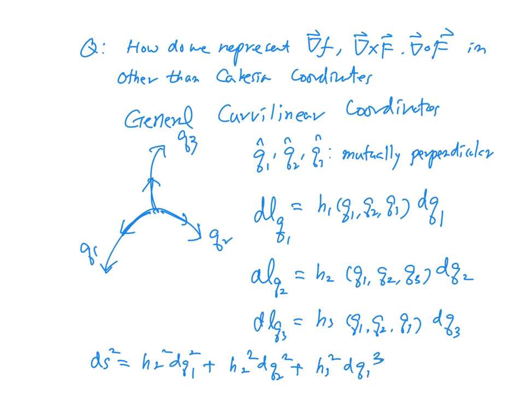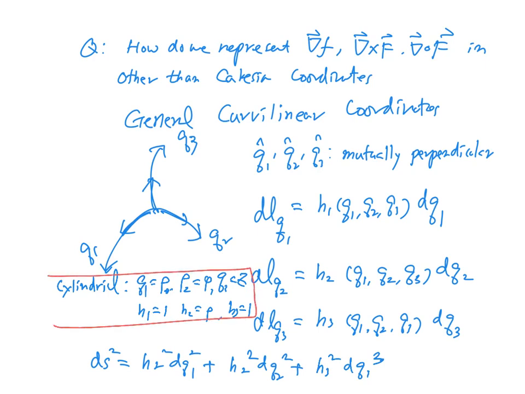For example, in cylindrical coordinates, q1 is rho, q2 is phi, q3 is z, right? h1 was 1, h2 was rho, h3 is 1. So you can represent it this way. Or spherical coordinates: I have an impression I'm still going too fast.